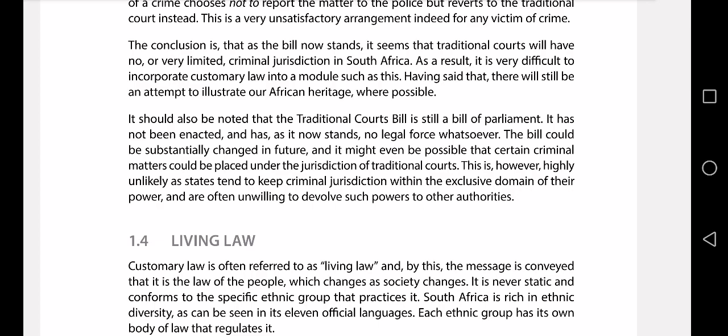This is, however, highly unlikely, as states tend to keep criminal jurisdiction within the exclusive domain of their power and are often unwilling to devolve such powers to other authorities.